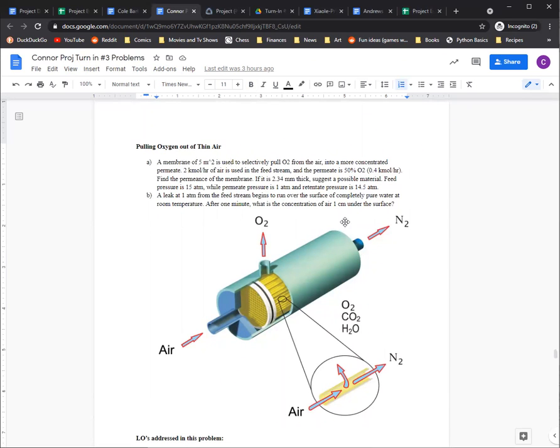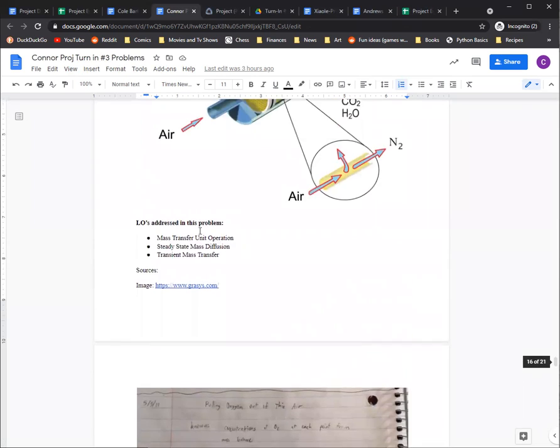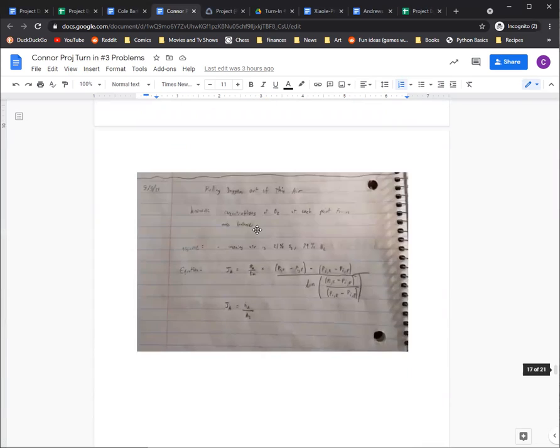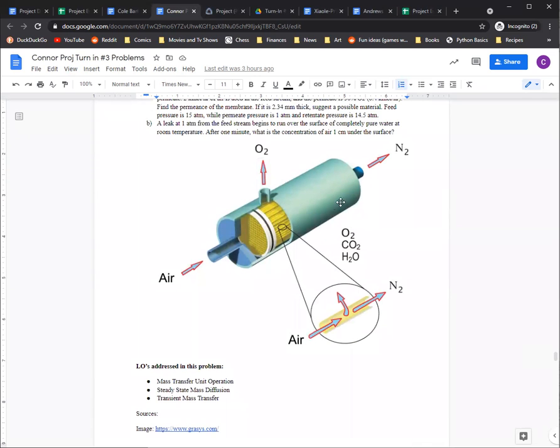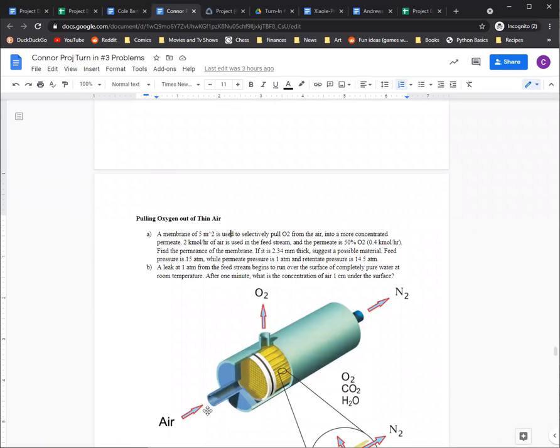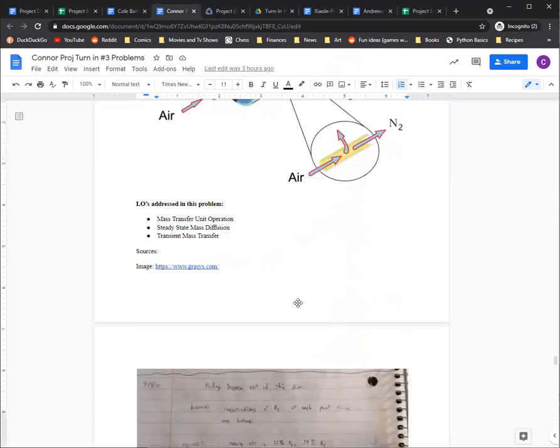And the retentate stream, and you're given pressures for everything, and you just use the mass transfer equations, and you do the log mean of the pressure difference to account for the uneven mixing between the pressure here and the pressure here.